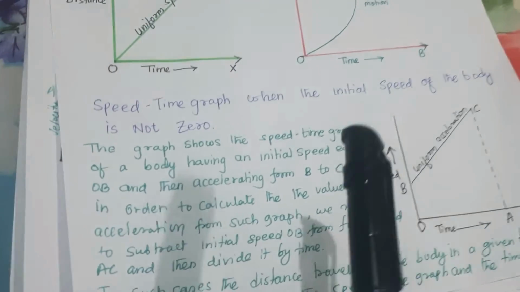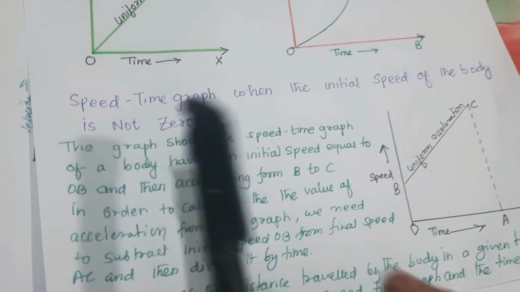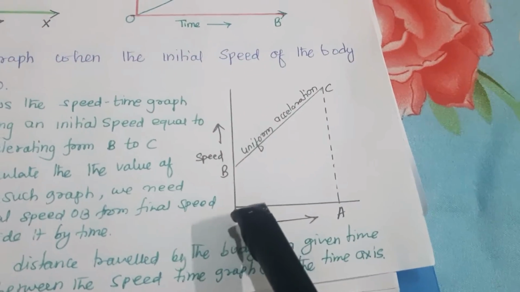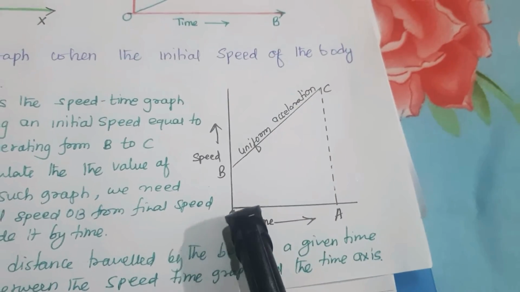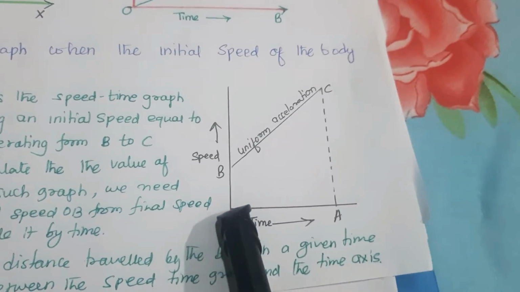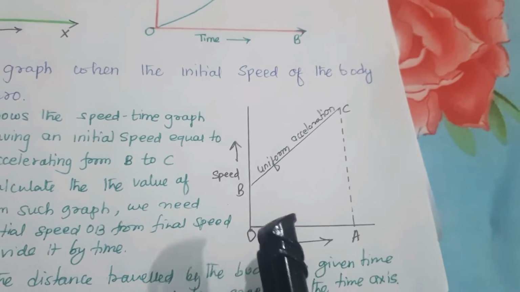Now, when we talk about the speed-time graph, consider when the initial speed of the body is not zero. Let us focus on this graph right here. If the initial speed was 0, then that line would have to start here at 0. But it's not at this point.